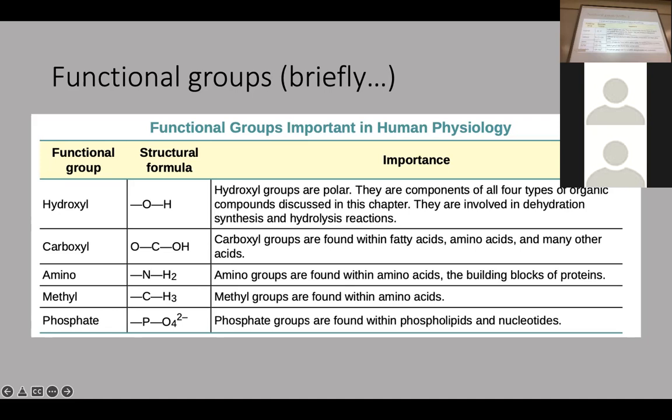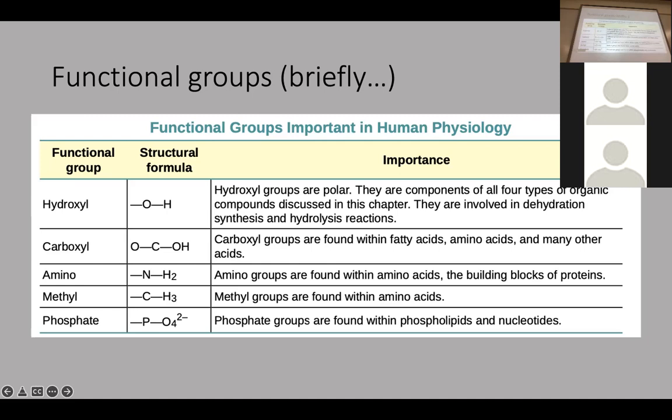And we'll see that in lipids as well as amino acids. And then phosphate is the only one with phosphorus. So you have your P and then 4 oxygens and it's negatively charged. You don't really have to worry about that. But again, if you see a phosphorus with 4 oxygens, you know it's a phosphate group. Those will come into play in nucleotides, which make up nucleic acids.